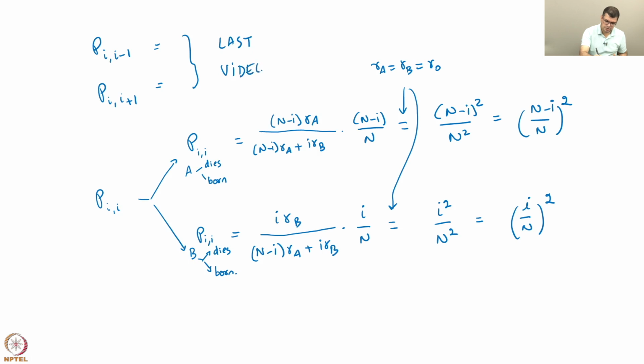If we combine these four, those of you who would like to complete this exercise can now, with this information, solve the system of linear equations that we derived and actually arrive at the probability of a new mutation reaching fixation.